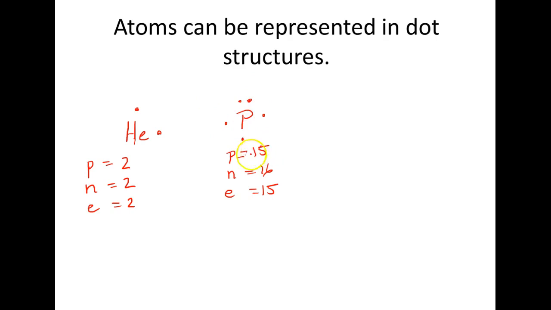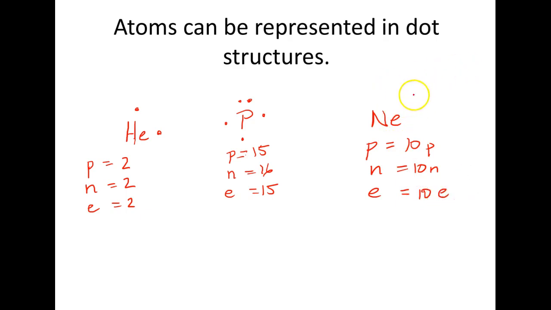This is phosphorus. Let's choose, for example, the chemical neon. Neon has 10 protons, 10 neutrons, and a total of 10 electrons.